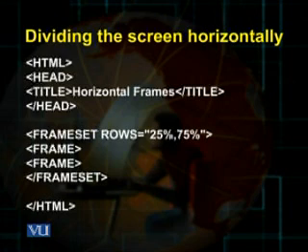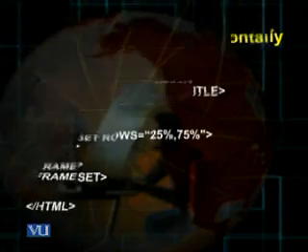Then I close the frameset tag, then I close the HTML tag. Here, let me mention that 25% would correspond to the first frame tag. That means that 25% of our window screen should be allocated for the first frame, and the 75% of our window screen horizontally should be assigned to the bottom frame, the second frame.